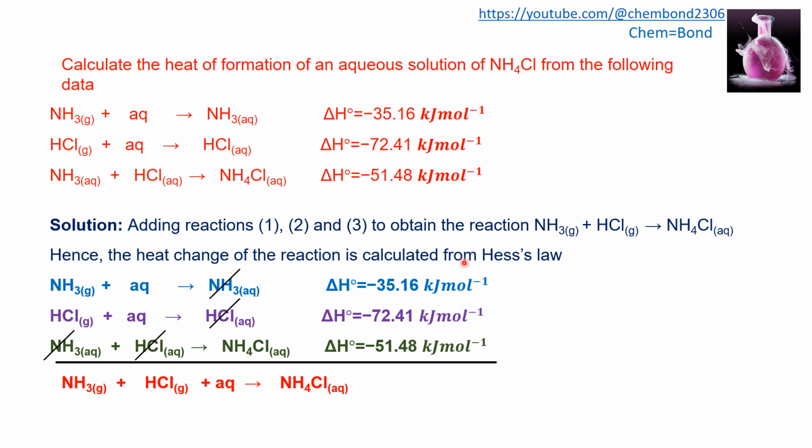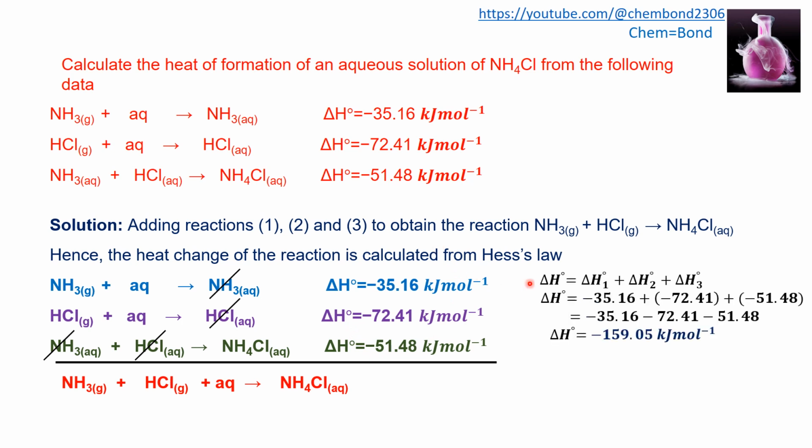Now coming towards the enthalpy change or heat content, we will sum up these three values: delta H1 plus delta H2 plus delta H3. Delta H1 is minus 35.16, delta H2 is minus 72.14, and delta H3 is minus 51.48.